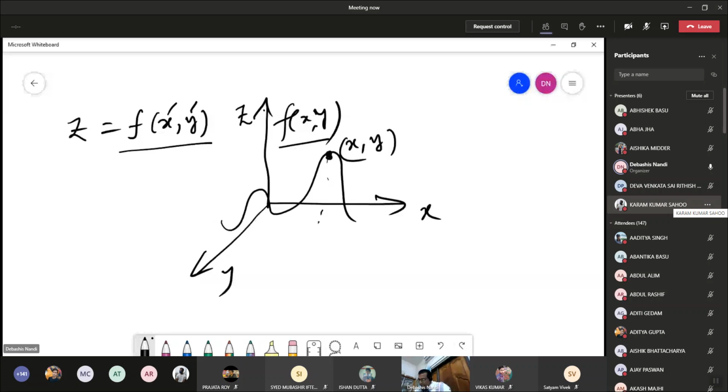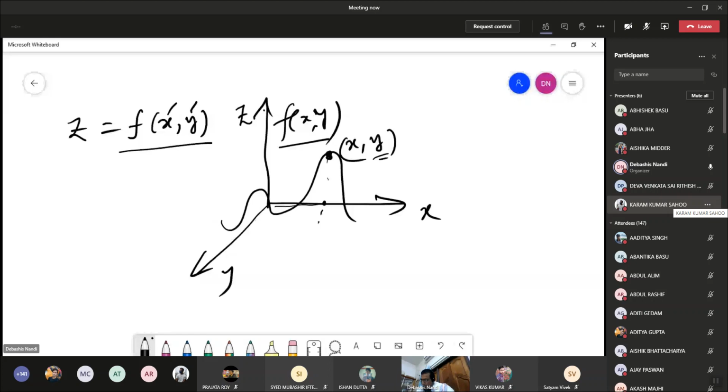And here, if you measure the distance of this point from the yz plane, that will give you this x value. And if you measure the distance of this point from the xz plane, then it will give you the y value, means the y coordinate value.